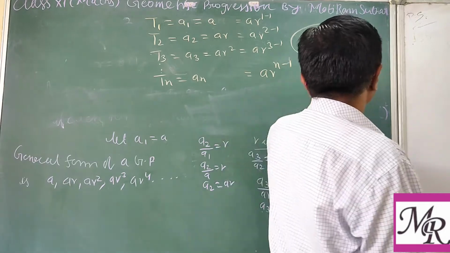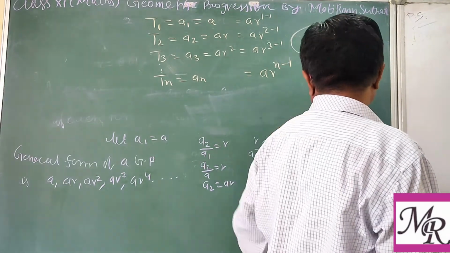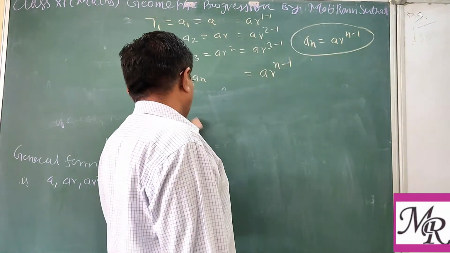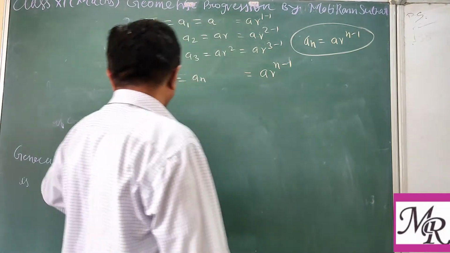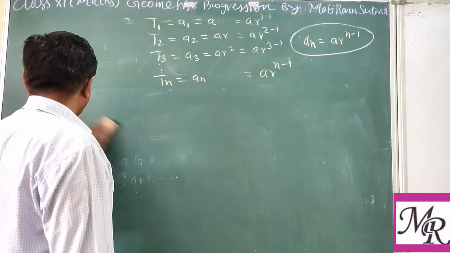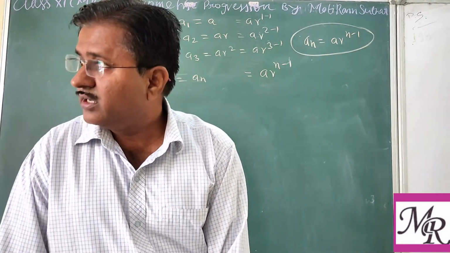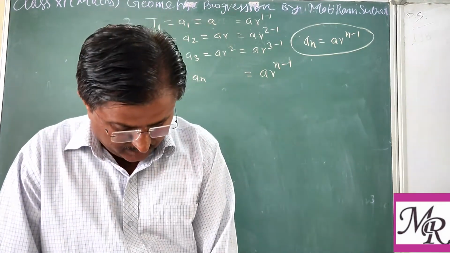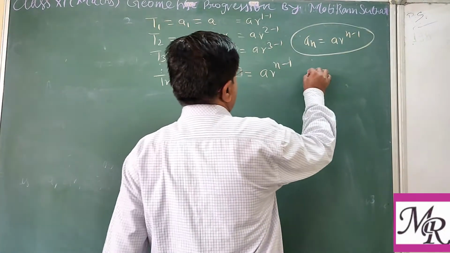So here A is called the first term, small r is called the common ratio of the GP, and n is known as the number of terms, or general term of a GP. Clear? Now if there are only n terms, then n is the last term.